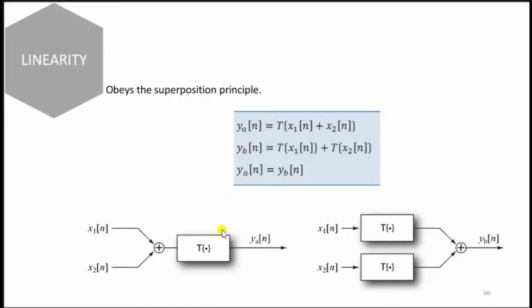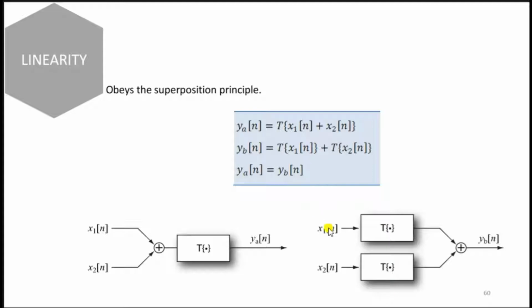To prove that a system is linear, a linear system obeys the superposition principle. ya[n] equals the summation of two different inputs going through the system T. yb[n] is written as one input x1[n] through the same T, plus T of x2[n].